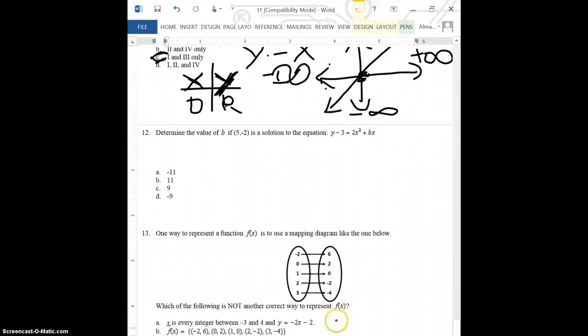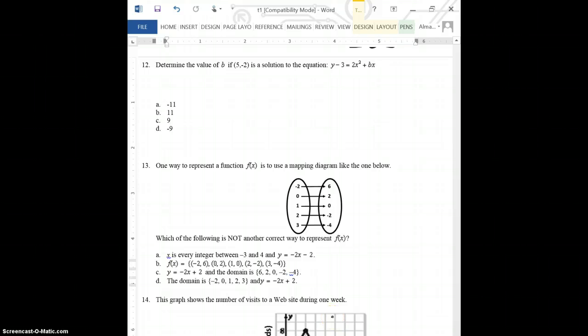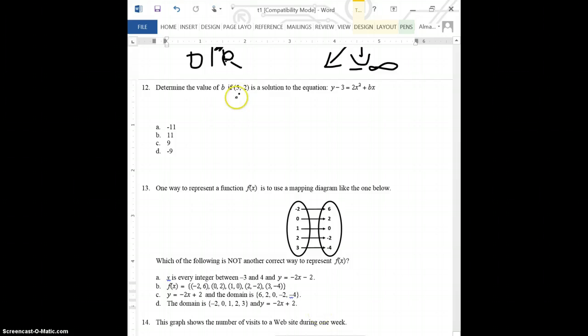Number 12, determine the value of B if it's a solution to the equation. So here we can see that we are given an x value and a y value. Our x is 5 and our y is negative 2. So I'm going to plug in what I know.